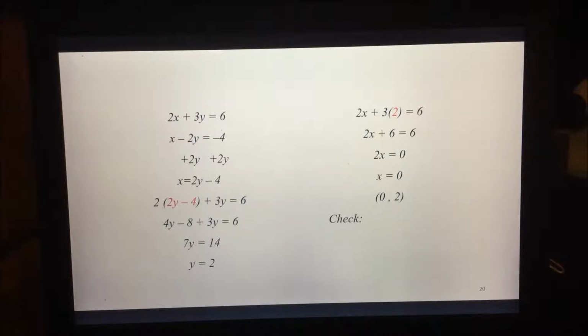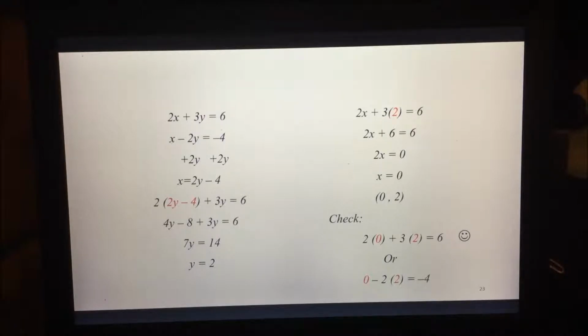So to check the answer, I'm going to substitute 0, 2 into the first equation. 2 times 0 plus 3 times 2 equals 6. Does it work out? 3 times 2 is 6, which equals 6. It looks like it checks out. Now we could have checked out a different way because we could have substituted in 0, 2 into the second equation.